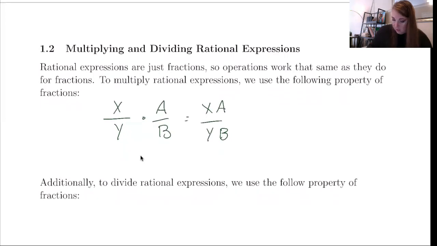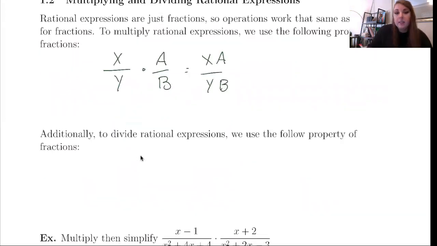Additionally, to divide rational expressions, we use the following property. Remember, this is keep, change, flip. So if I have x over y, and this is where the division sign is mostly used, because writing fractions in numerators and denominators gets wild, and it's really easy to see using this division sign.